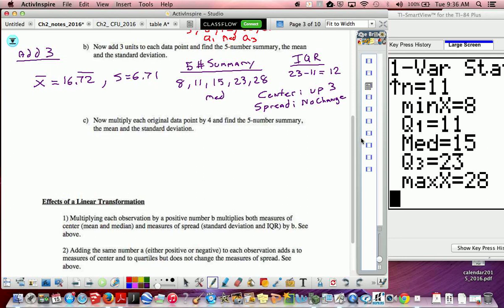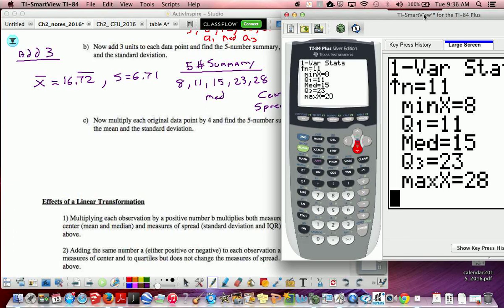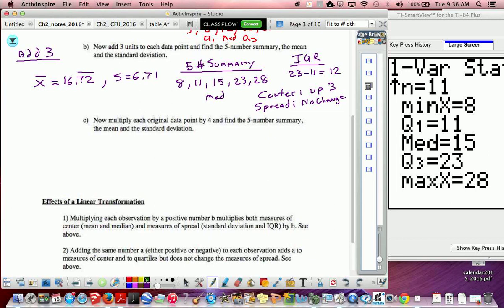It says now multiply each original data point by 4, find the 5-number summary, the mean, and the standard deviation. So I'm going to do the same thing now, but I'm going to enter list 3 to equal 4 times list 1. So then I can do one variable stats on list 3 and calculate the mean and standard deviation.